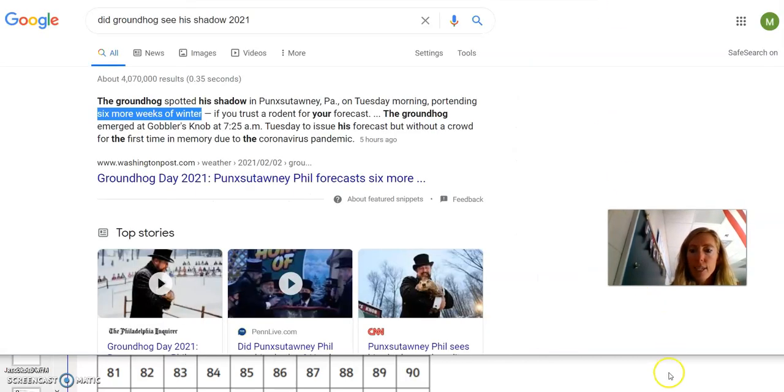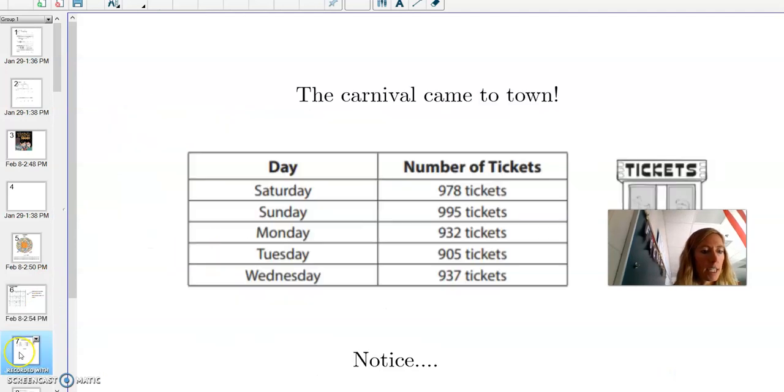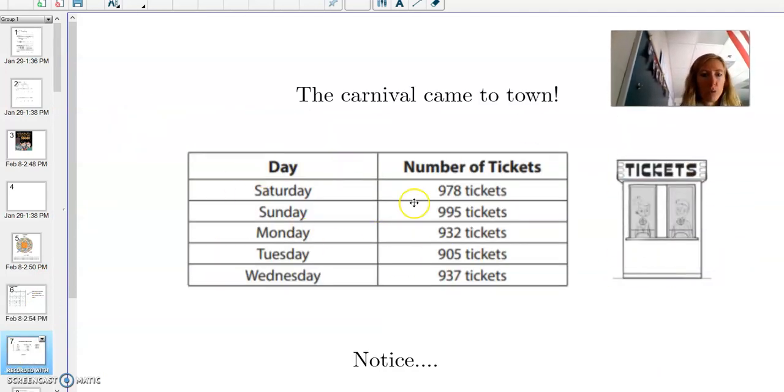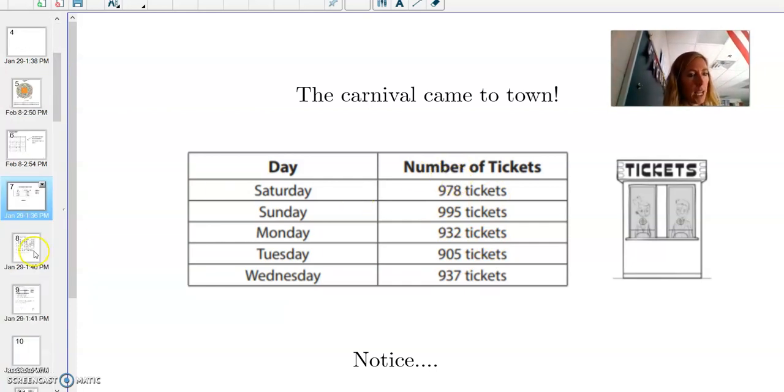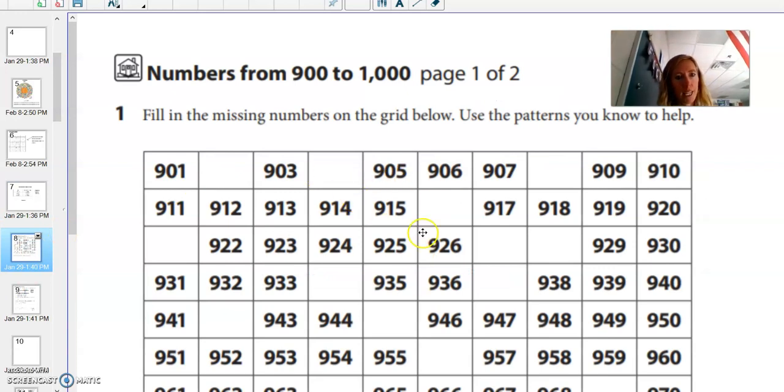All right, so now if I go back to here, this is the carnival information I was showing you. It's just a notice and wonder. What do you guys notice? Like the carnival, it does come to Gunnison. And what if these were the amount of tickets that were bought on Saturday and then Sunday and then Monday? What do you notice about these numbers? And then the practice page here looks like this.